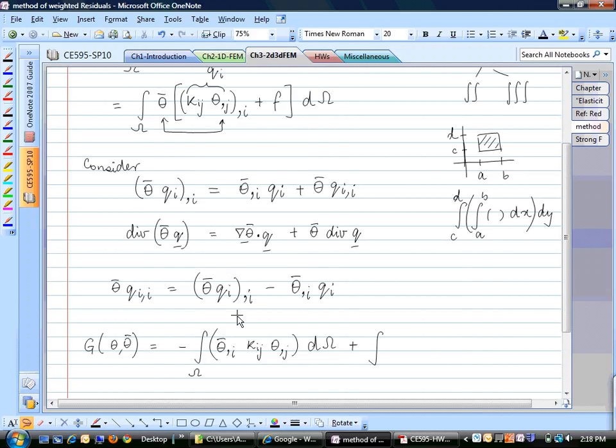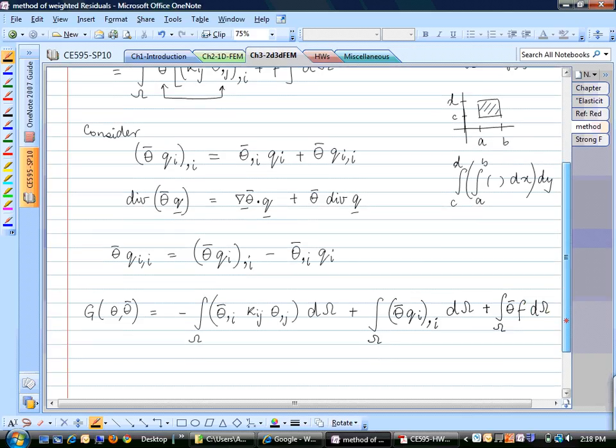So this is what leads to the boundary term in our one-dimensional case. Let me write that out here: theta bar qi comma i d omega. Right now it is not a boundary term, but I'll show you how this becomes the boundary term. And then finally you have the forcing term, which is just integral theta bar f d omega.